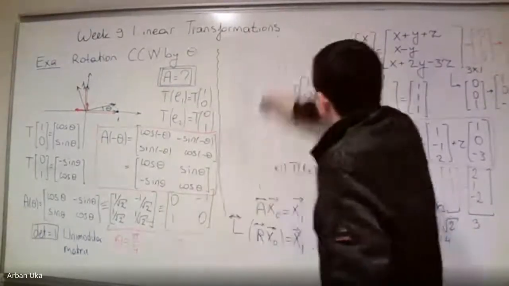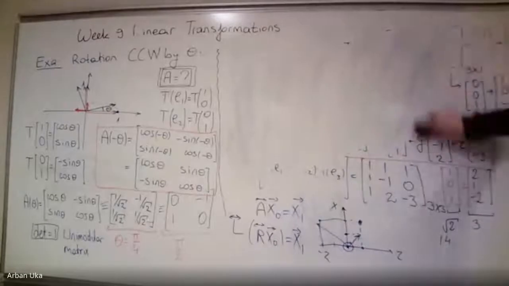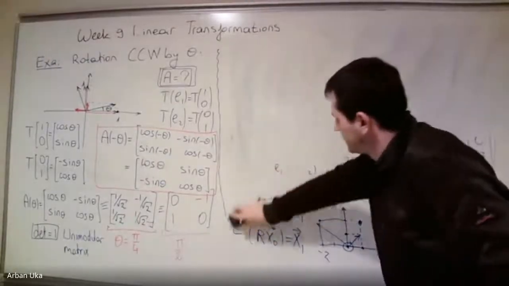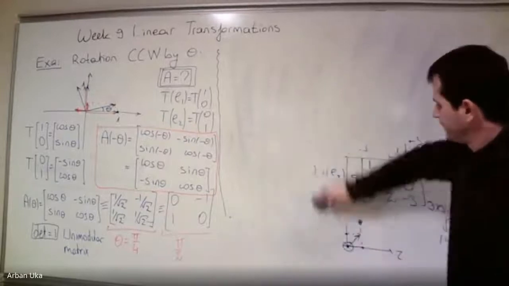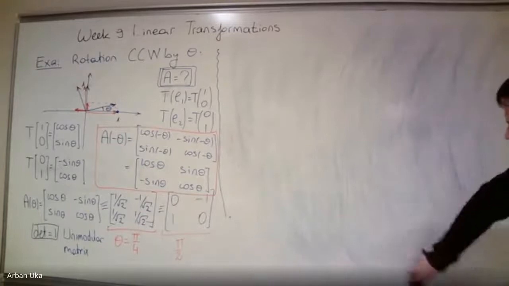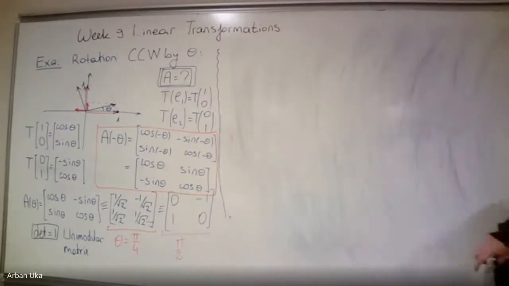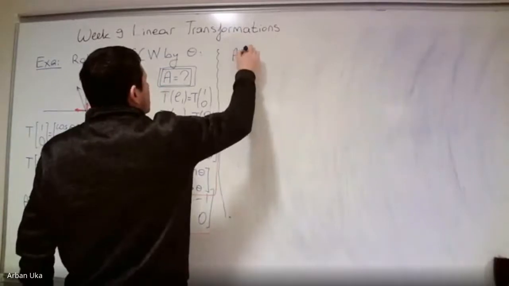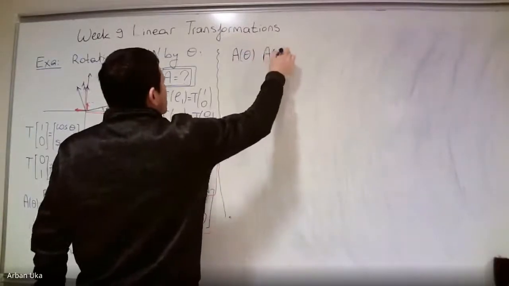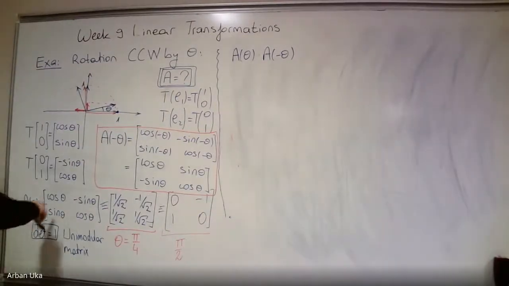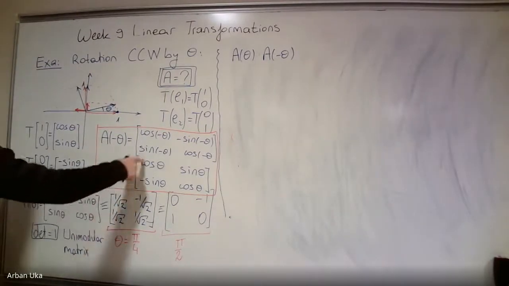So now let me take this away. If we multiply A theta by A minus theta, we have cosine theta, minus sine theta.